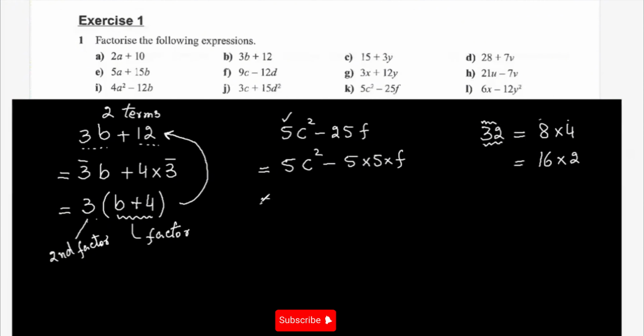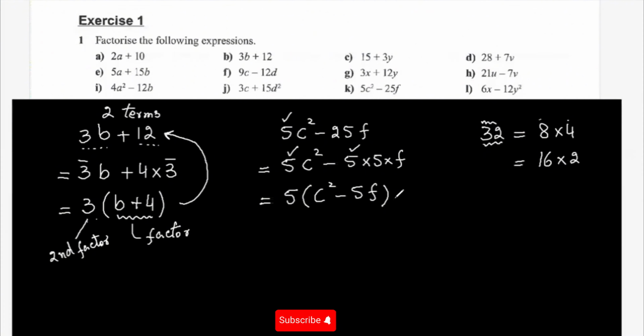Now here we can see that one factor 5 is common. So we can write 5 as the common factor. Then we have c square minus, one 5 is out as a common factor, and we are left with 5f. So 5 times c square minus 5f.